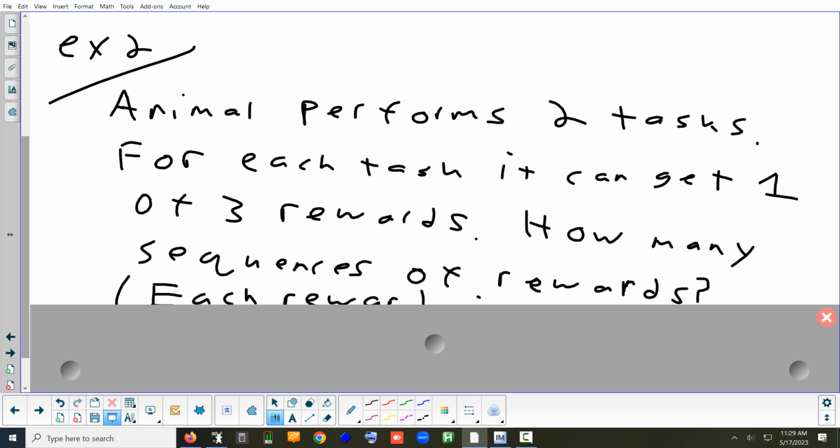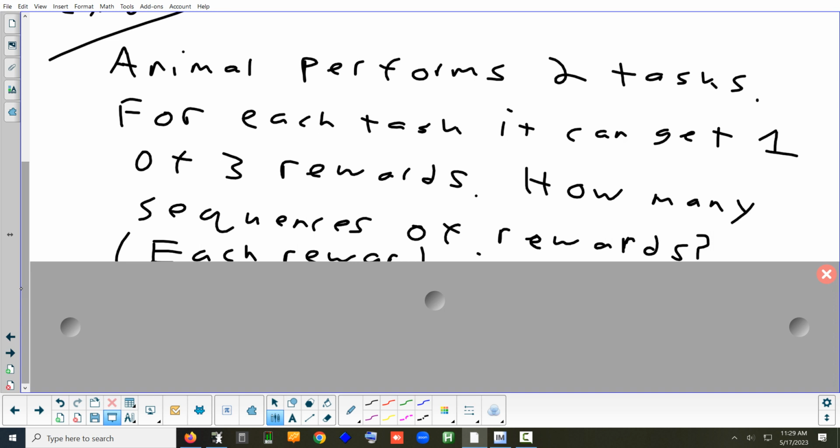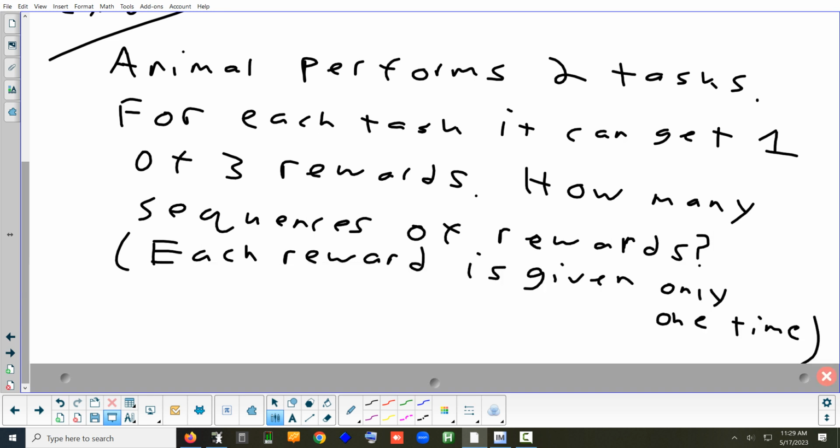Let's do it first where we only give the reward once, and then we'll see what happens if we are allowed to repeat. So that's what this is saying right here. Each reward is only given one time.